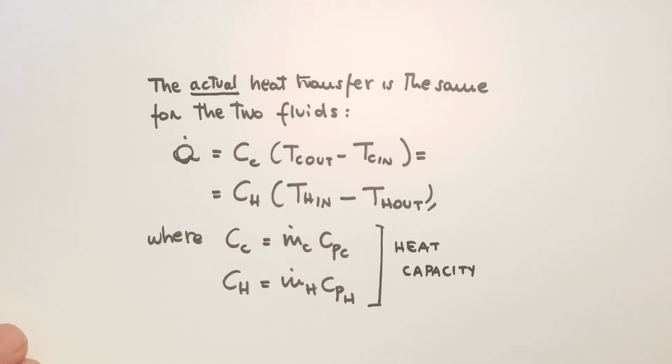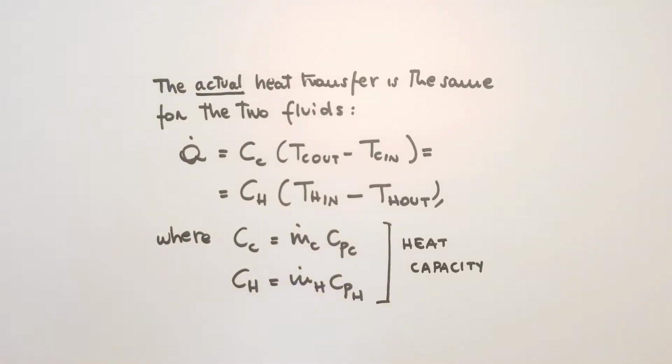The actual heat transfer is the same for the two fluids because we work under the assumption that no heat is exchanged to the outside, to the environment, so there's no loss of thermal energy.